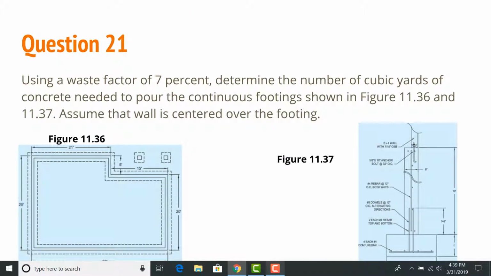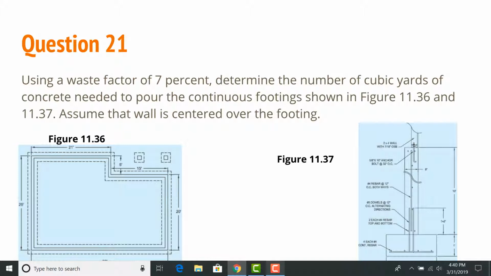The question I had to do was question 21 from the book, and it says, using a waste factor of 7%, determine the number of cubic yards of concrete needed to pour the continuous footing shown in figures 11.36 and 11.37.